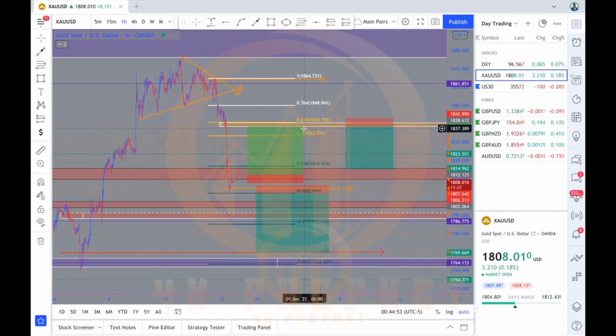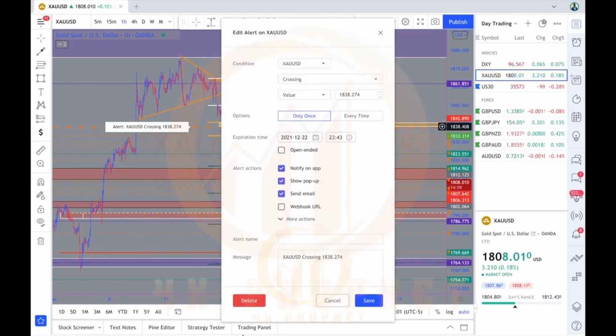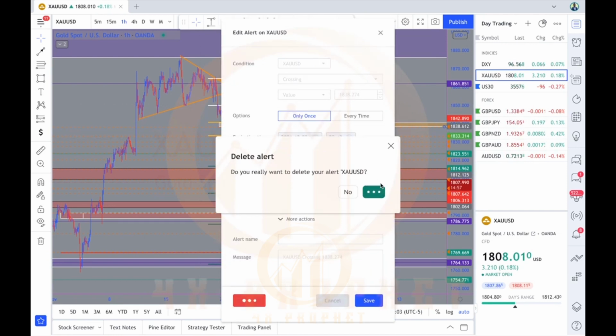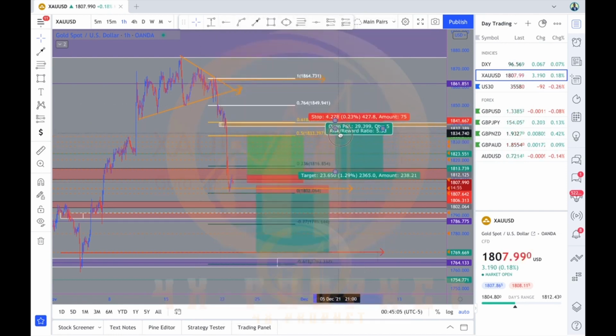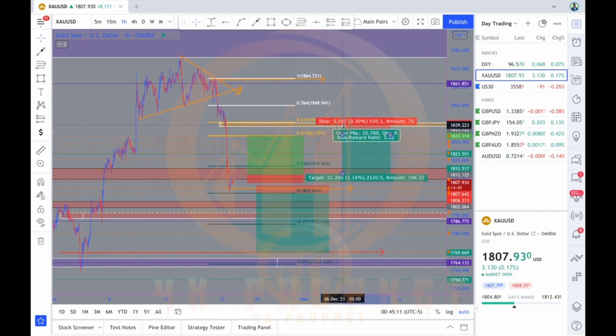And to be honest, because I notice how gold moves, let's just put it here. Let's get rid of this. Seems cool to me, man.